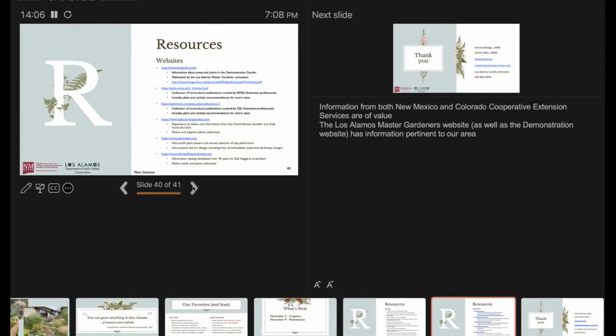Questions? I have a question about Austrian versus Ponderosa pine. What's the difference, and why would you prefer the Austrian pine? I would say they both have long needles.